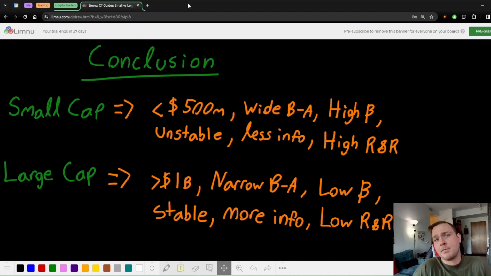It's going to have a lower beta, so it's going to be lower vol than the small caps. Generally more stable markets, based on true dynamics like the fundamentals. You have institutional coverage, and with that is going to come higher quality of data, and from reputable sources as well.